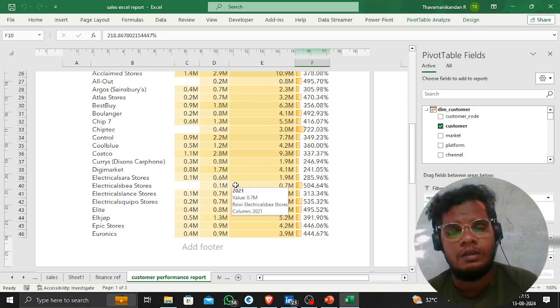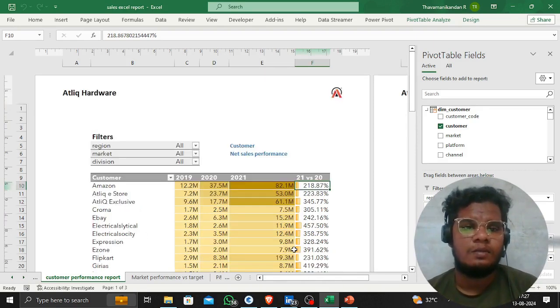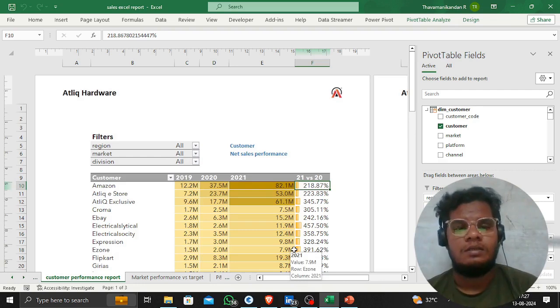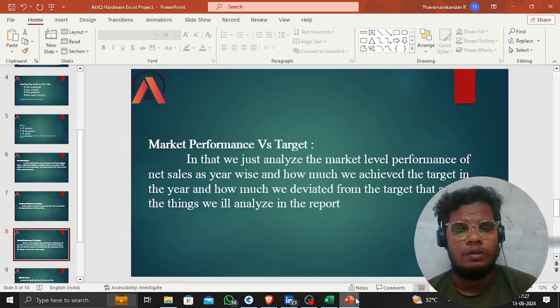It's an increase in net sales for the dynamic things. That's why we can analyze the things in a very dynamic way. That's why we're using DAX measures. These are the short notes of the DAX, and let me move to the next thing.